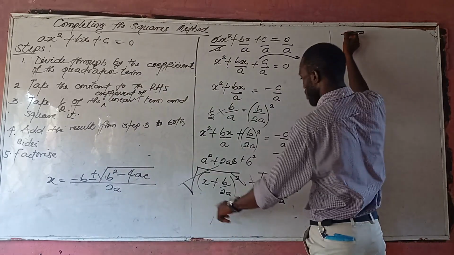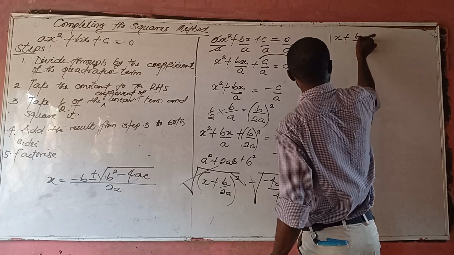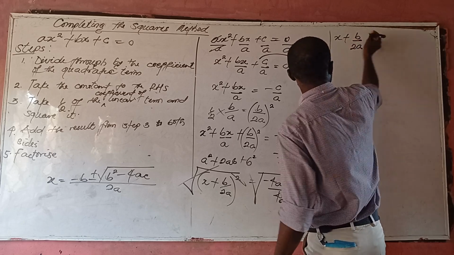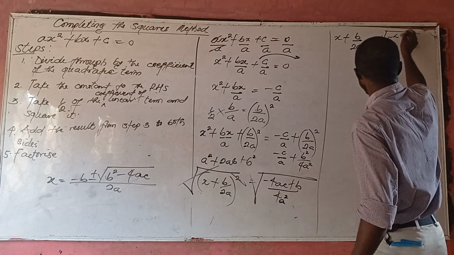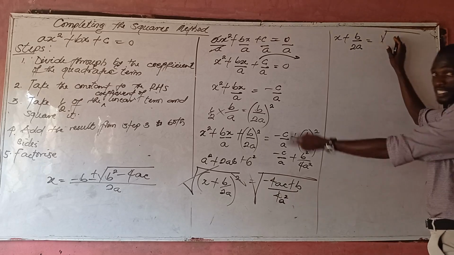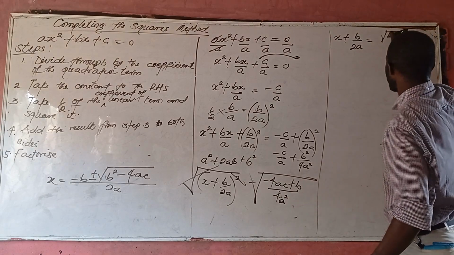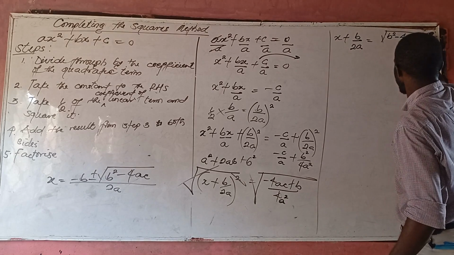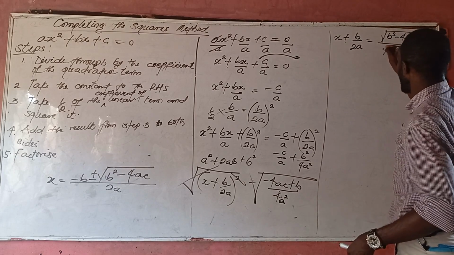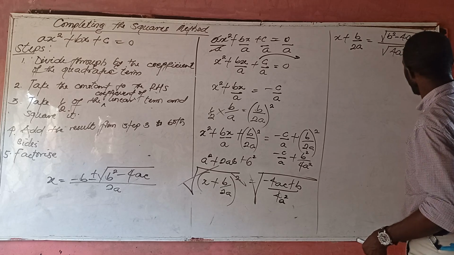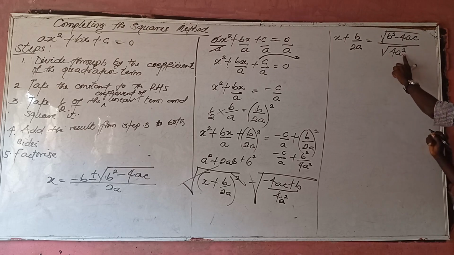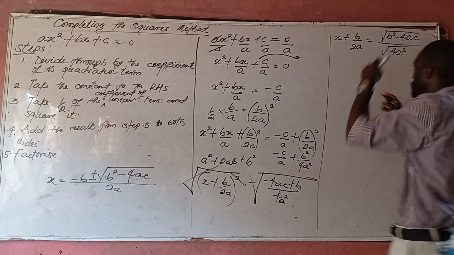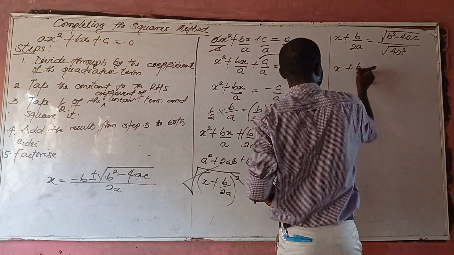So from here, we'll have x plus b over 2a is equal to the square root of, let's rearrange this as positive first before negative, b squared minus 4ac over square root of 4a squared, right? Square root of 4, 2. So here we now have x plus b over 2a.